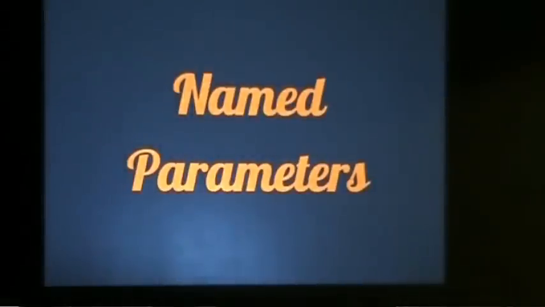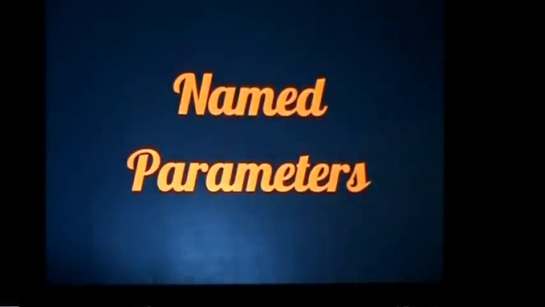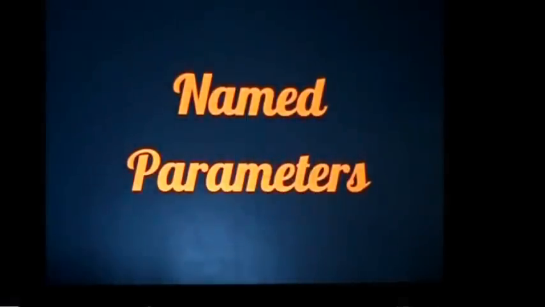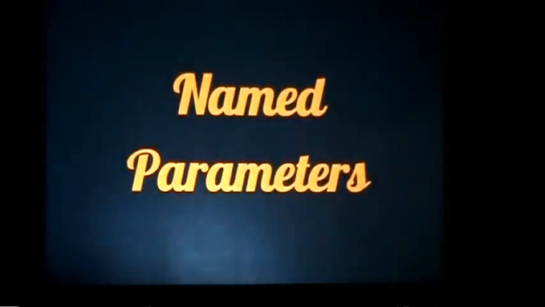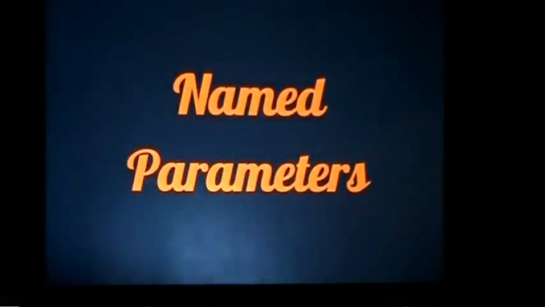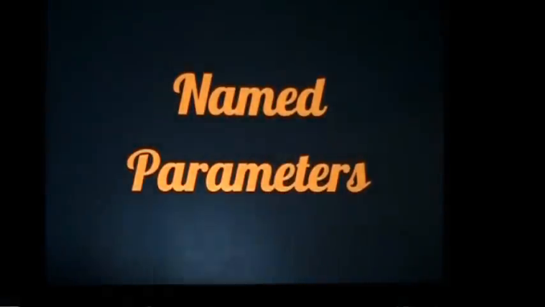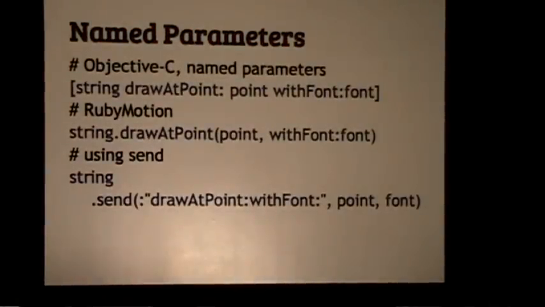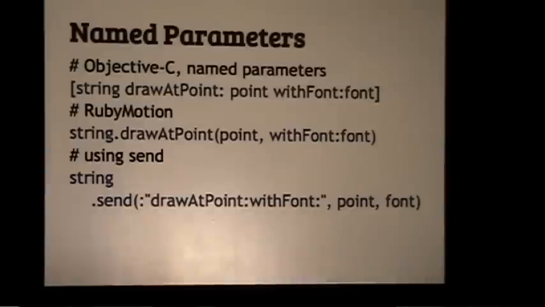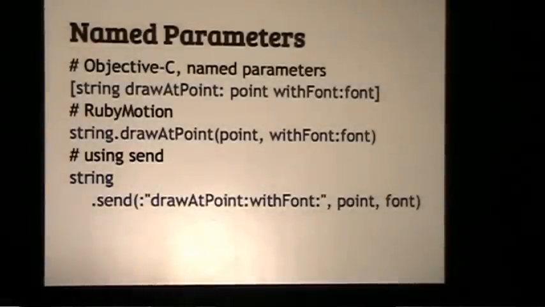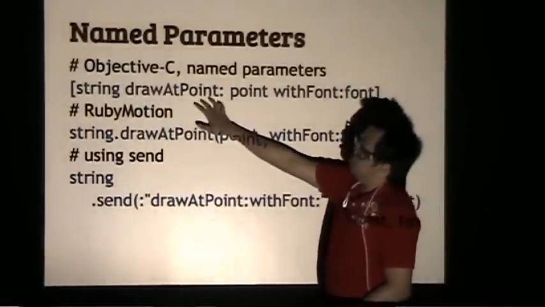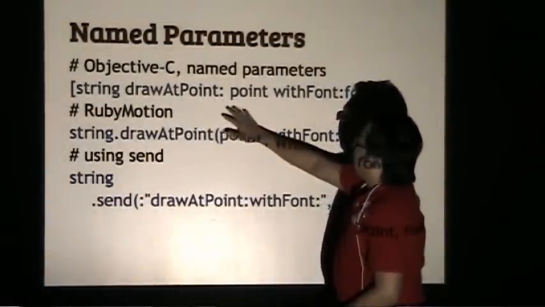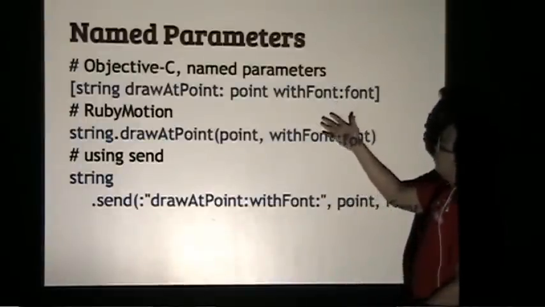Another observation is that there's this concept of named parameters in RubyMotion. If you haven't heard of it, I wouldn't be surprised, because named parameters are not inherent in Ruby. It's something that was inherited from Objective-C. To give you an example, you have the same string, and we're calling this method like drawAtPoint.